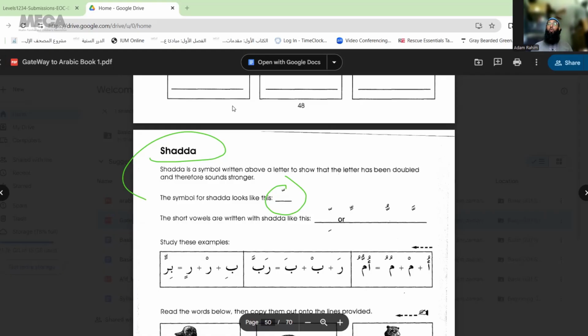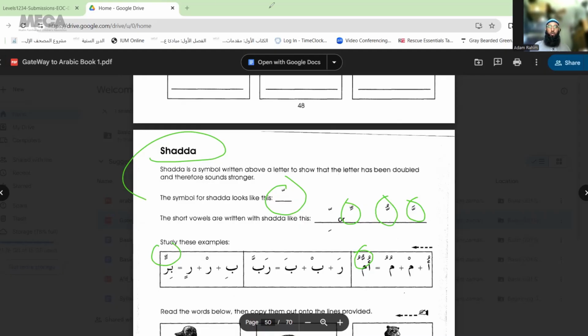So this shadda will always have a second accent mark associated with it, whether it be the fatha, the dhamma, the kasra, or whether it has a tanween, right? And it could be any of the three tanween, or it can have a long vowel associated with it. So you'll have all the accent marks that we learned. Is it possible to come with this one, right?